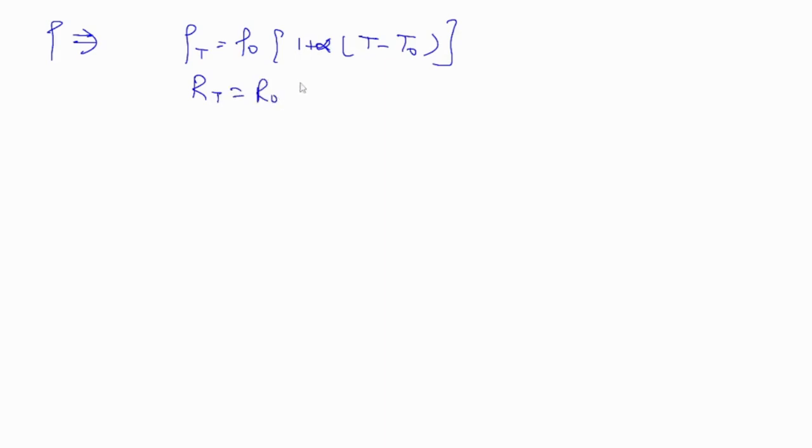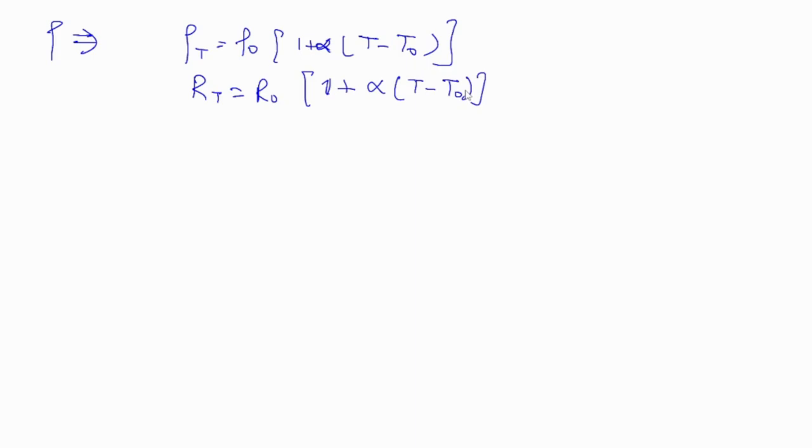Now, temperature dependence of resistivity of a material: how rho depends on temperature, the mathematical equation. The resistivity of a metallic conductor is generally given by rho T equals rho 0 into 1 plus alpha into T minus T0, or you can write R T equals R0 into 1 plus alpha into T minus T0. You've studied this in 11th.